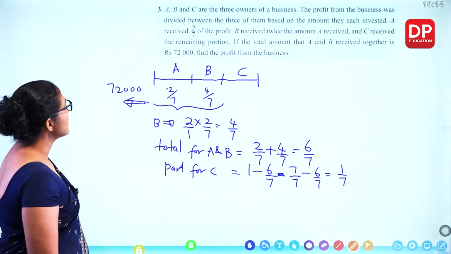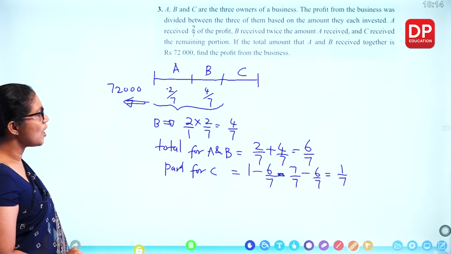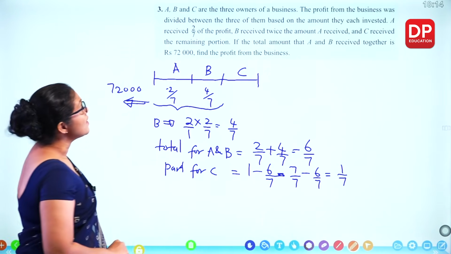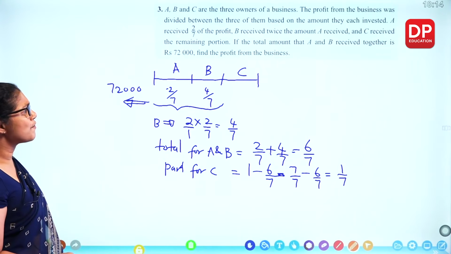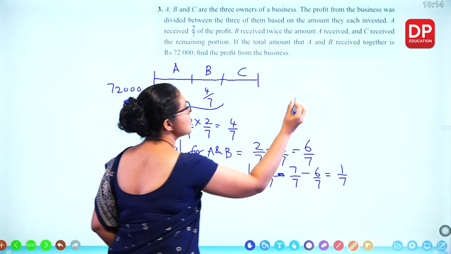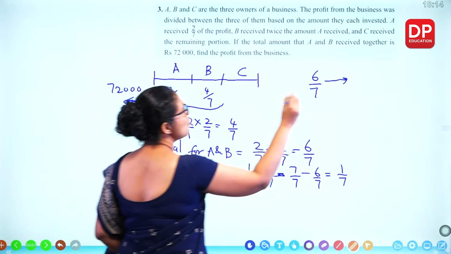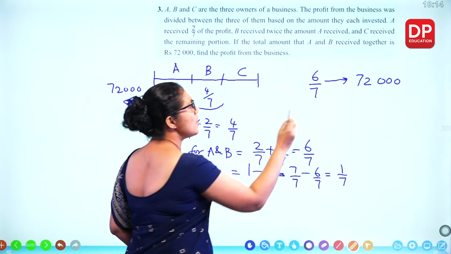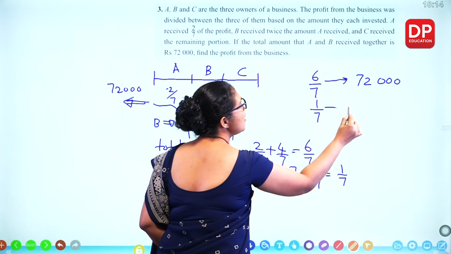So now they are asking, now we know the total parts represent 72,000 and you are asked what is the total profit. Actually, you don't need to find the part for C because we know the total parts is 6 sevens. 6 sevens represent 72,000 and you are asked to find the full parts, but before that you can find one part.